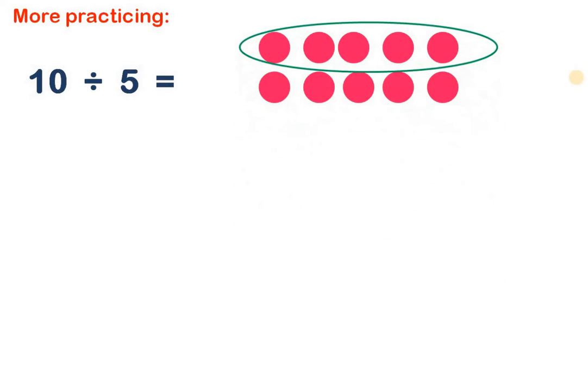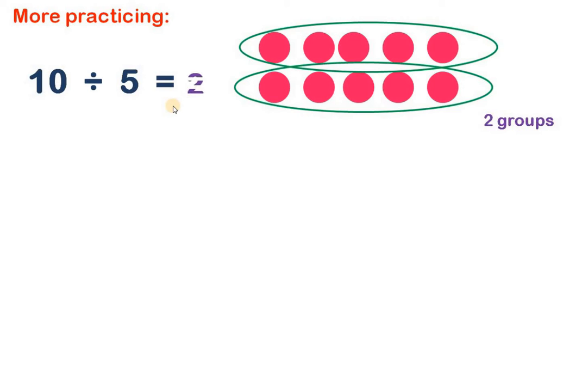So this is the first group. Then continue counting the objects. The second group, 1, 2, 3, 4, 5. So this is the second group. So here we have 2 groups of 5. So 10 divided by 5 equals 2.